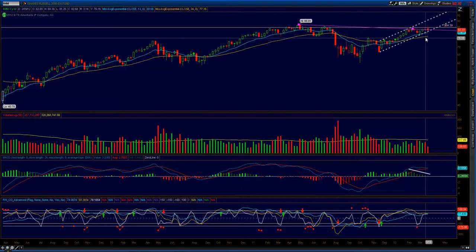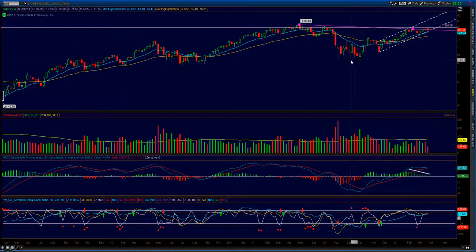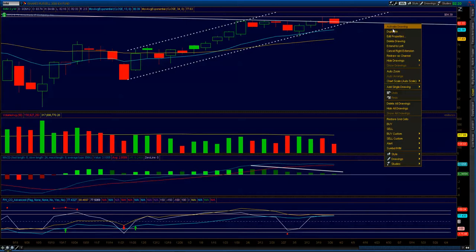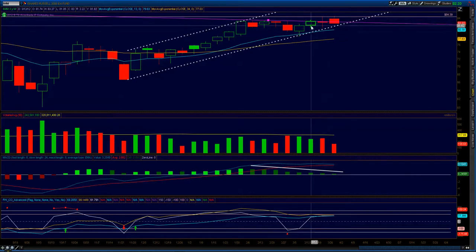Now, we didn't get that the first week. Let's look at it a little bit more closely and activate this again. We didn't see that the first week that we were starting to poke through this downtrend line. As a matter of fact, there was contracting volume.